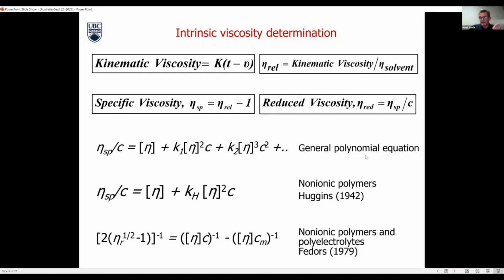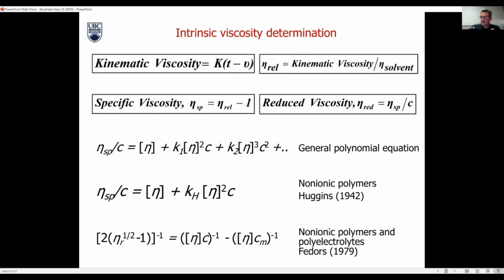A truncated version of it, or an approximation, known as the Huggins equation, is very common for measurements on non-ionic polymers. You can see that the Huggins equation is essentially the first 2 terms of the general polynomial. We also found the so-called Fedors equation to be particularly useful for anionic polymers, because they do not quite give this nice linear relationship that the Huggins equation would suggest.